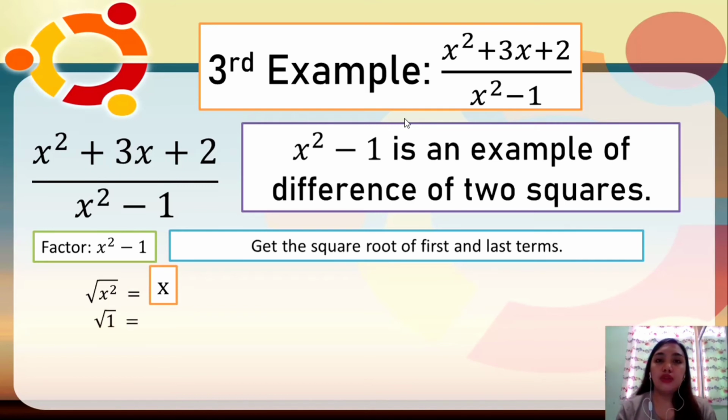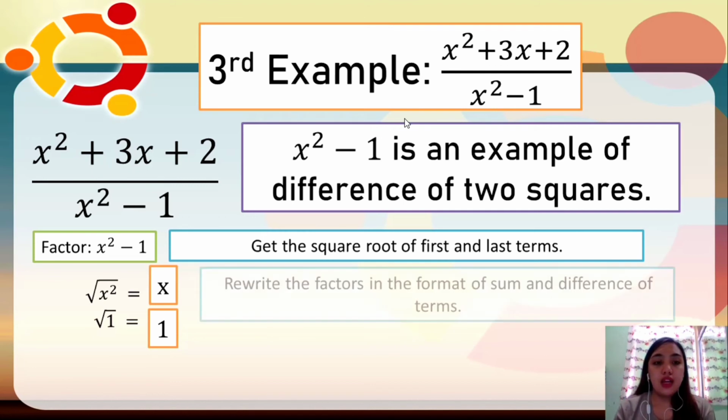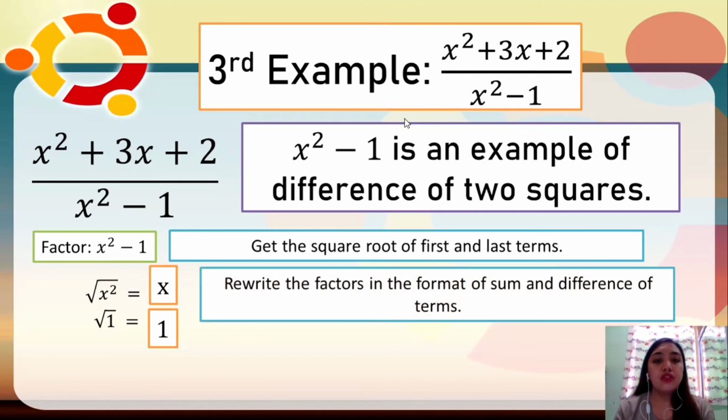How about the square root of 1? Is 1. Siyempre, iisip ka ng number na kapag minultiply mo ng dalawang beses, you will get 1. And that is 1, because 1 times 1 is 1. Next, what will be the final answer or the factors of x squared minus 1? Of course, you get the factors which are x and 1 and then rewrite it with sum and difference.